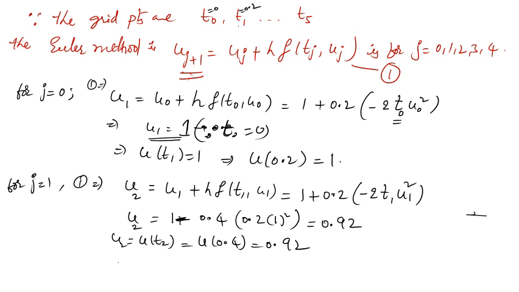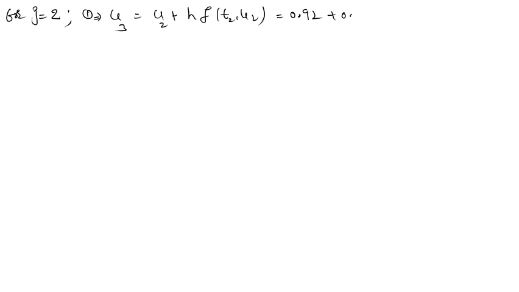Similarly, for j equal to 2, from equation 1 I get u3 equal to u2 plus h into f of t2 comma u2. The u2 value is 0.92, plus h times minus 2 t2 u2 square.